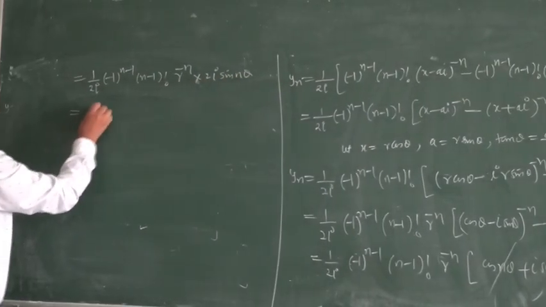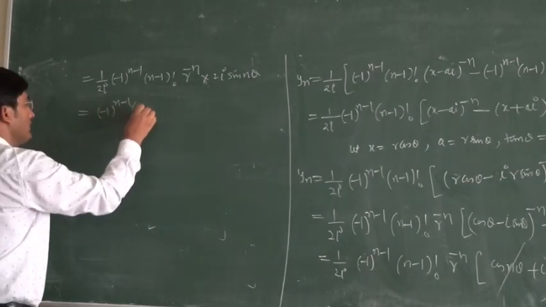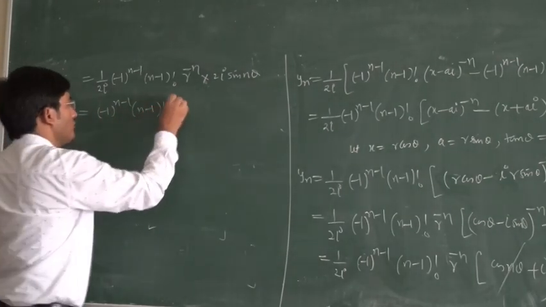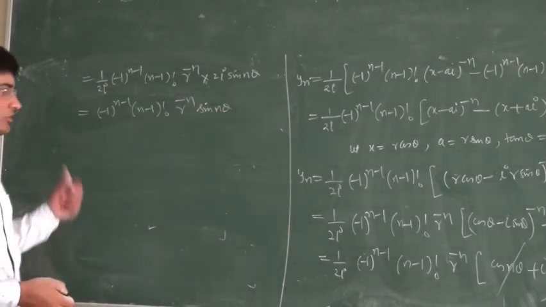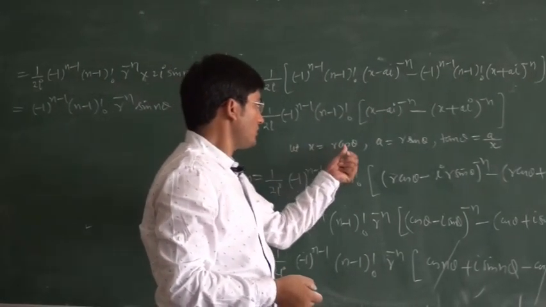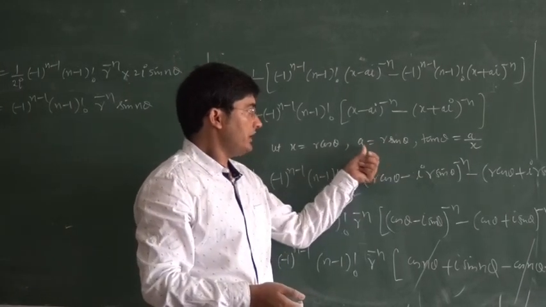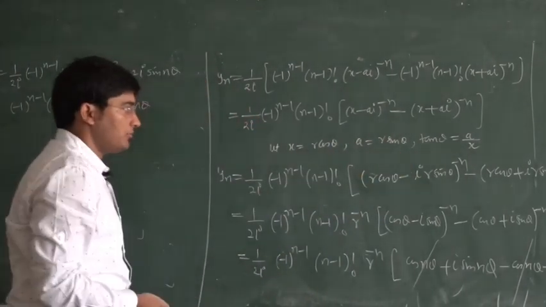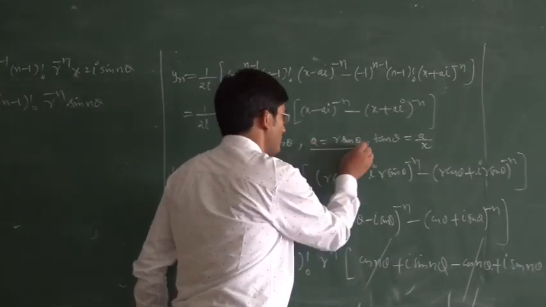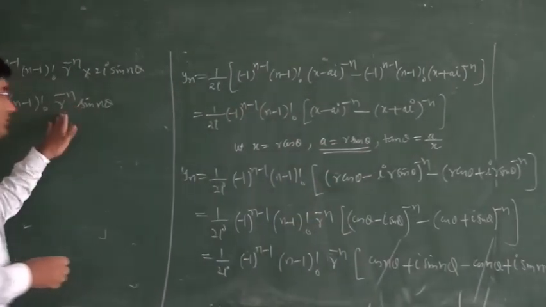So this is equal to minus 1 power n minus 1, n minus 1 factorial, r to the power minus n into sin n theta. Now we can have the value of r as x upon cos theta, or a upon sin theta, or (x square plus a square) to the power half. But I am putting the value of r from here so that we have a symmetry.